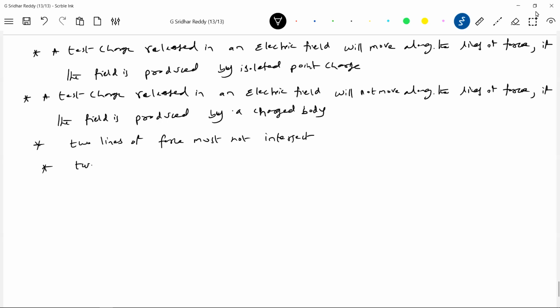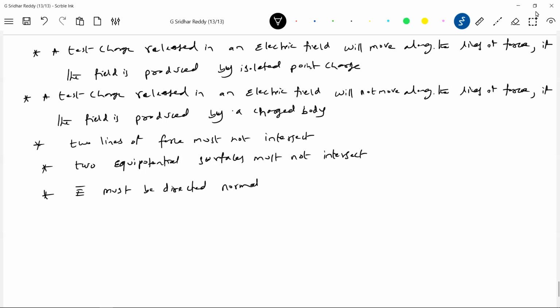Two equipotential surfaces should not intersect. Next, again, the E bar vector must be directed normal to the equipotential surface. These are very fundamental things.